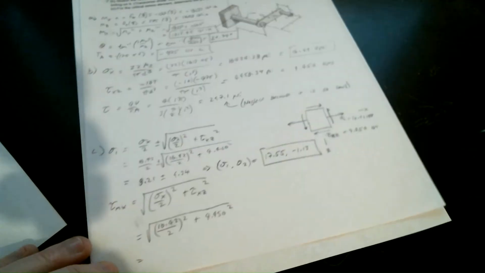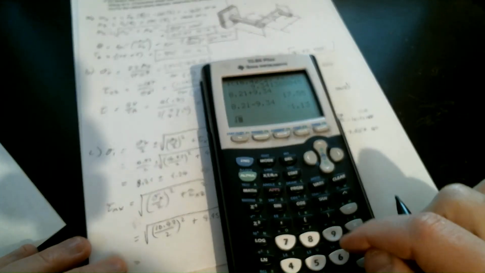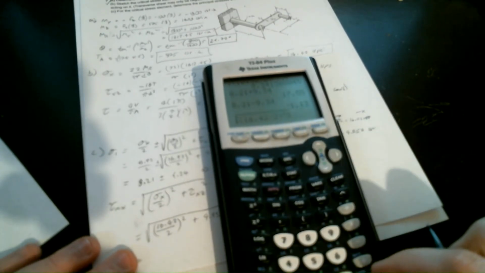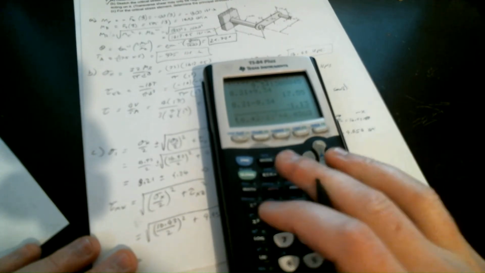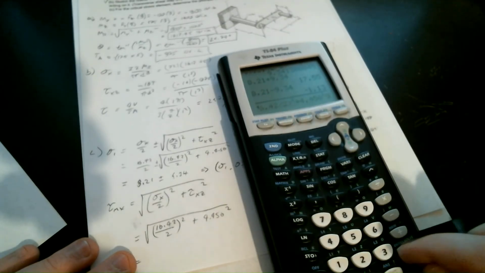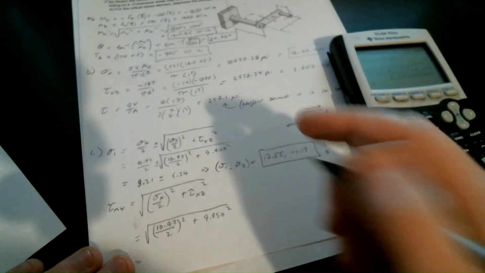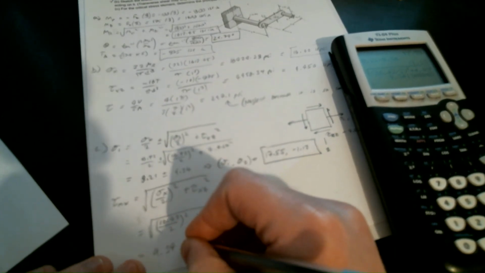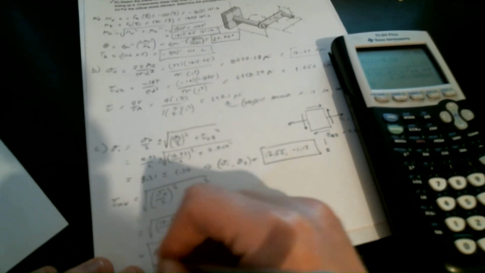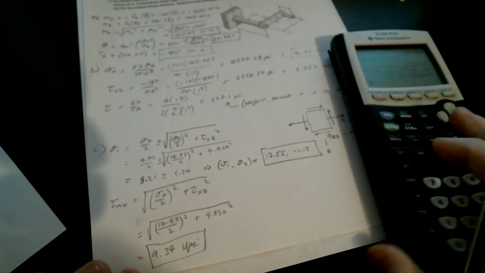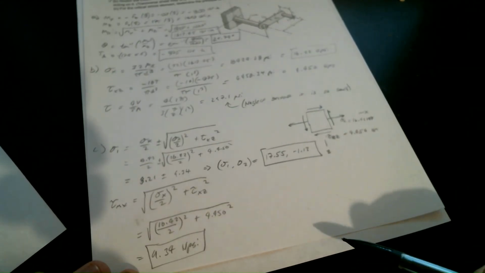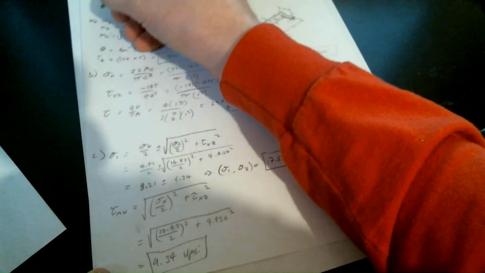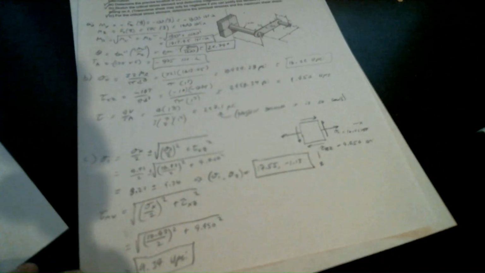When we solve that, it gives us 9.34, and that will be in kpsi. So that solves the max shear stress. Therefore, we have done the principal stress and max shear stress. So we can check off part C, and we are finished with this problem.